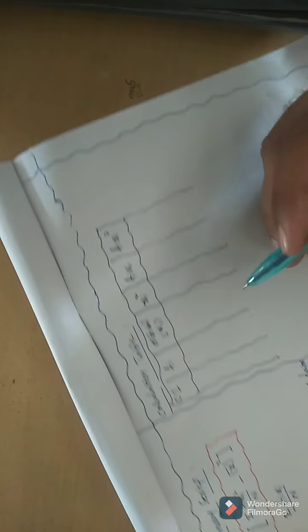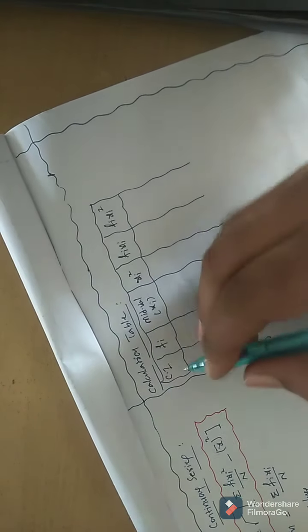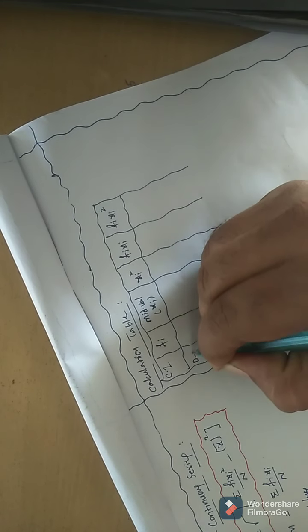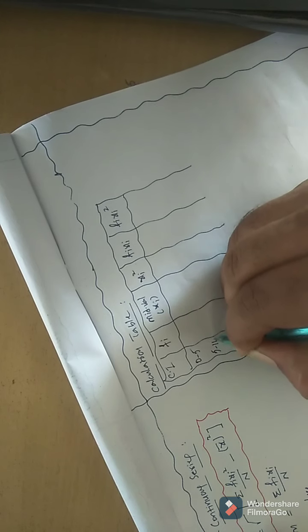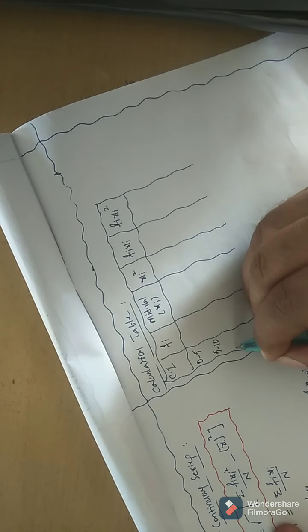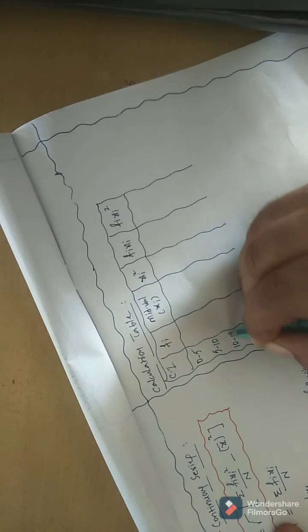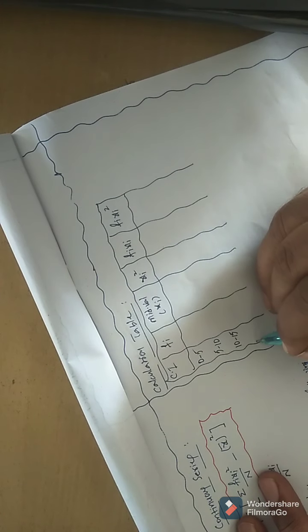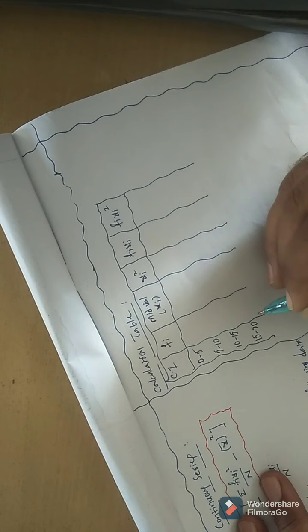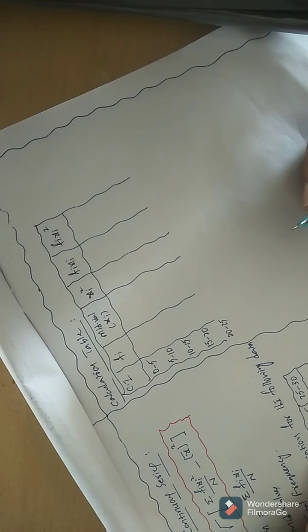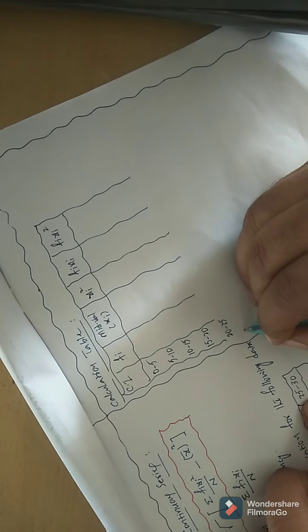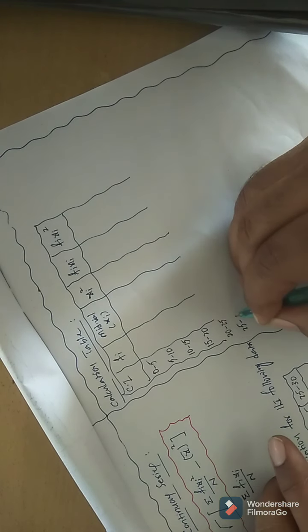Now let us fill up the class intervals. What is it? 0 to 5, next 5 to 10, 10 to 15, 15 to 20, 20 to 25, 25 to 30.